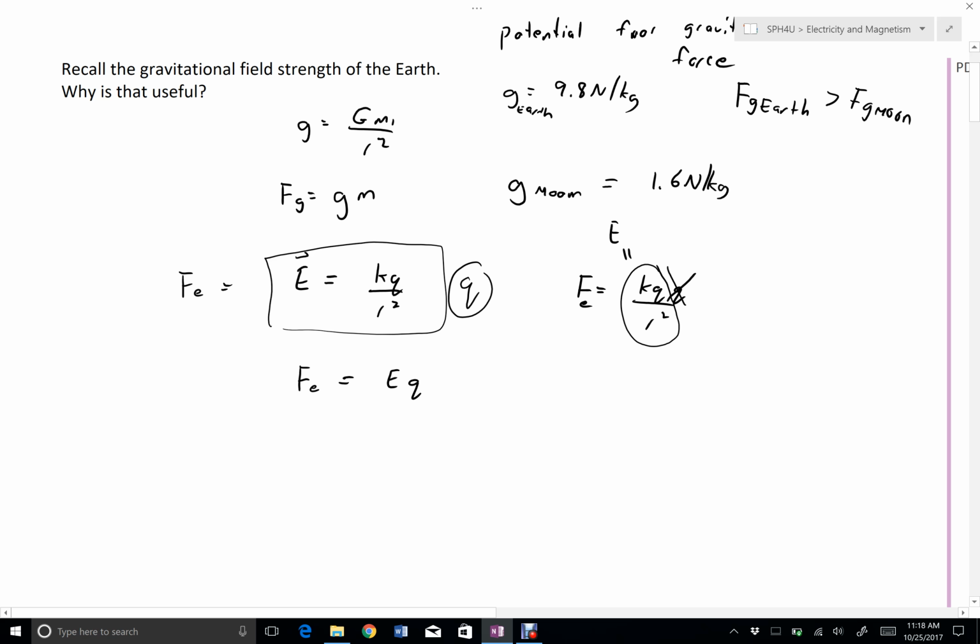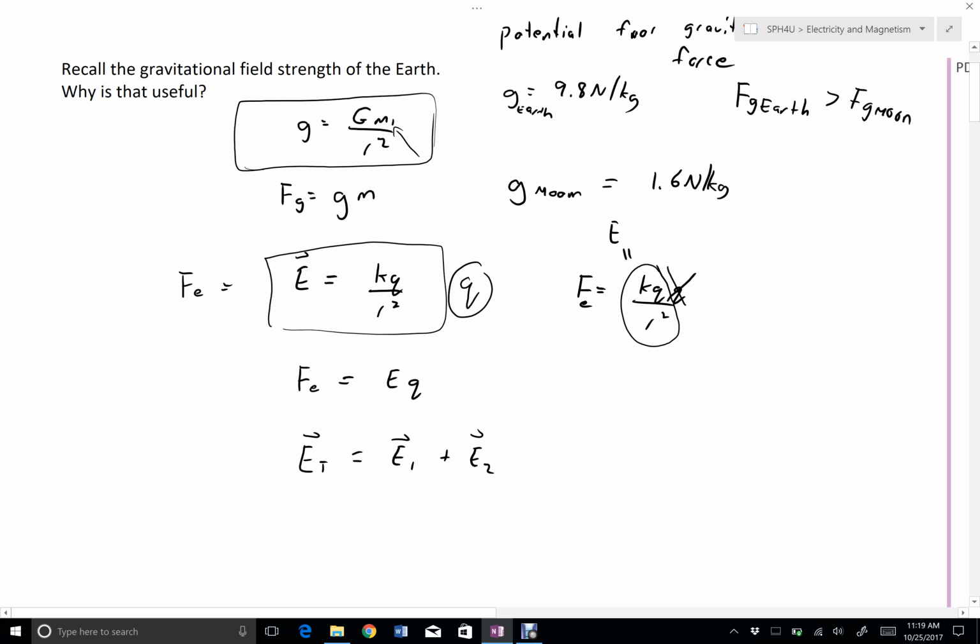With that in mind, there's a key difference between these two things. Specifically, typically when we're considering gravitational forces in any normal situation, we only have one object that's generating that gravitational field. But with charges, we can have many different charges that are working together to generate an electrostatic field. So our total electrostatic field can be found by finding the vector sum of the individual electrostatic fields.